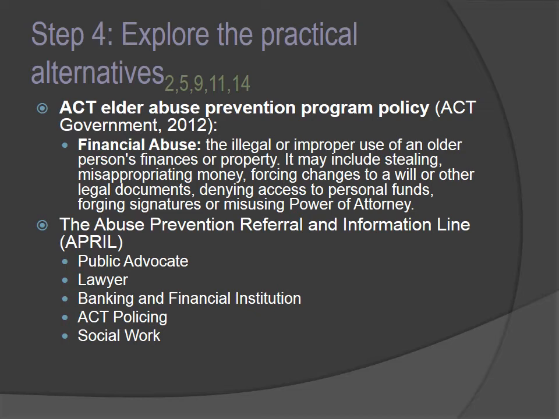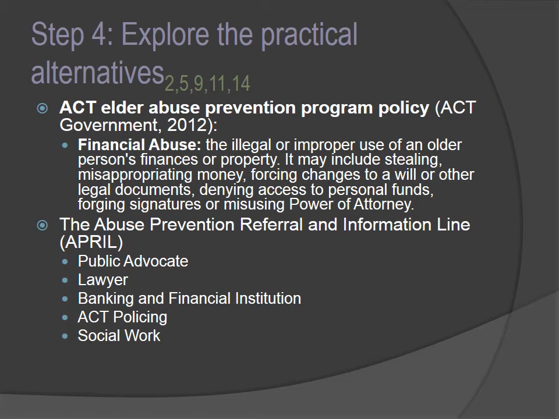Potential referral options. Public Advocate of the ACT. They represent and advocate for persons with impaired decision-making ability in the ACT community who are subject to elder abuse. They accept the role of guardian when appointed by the ACT Civil and Administrative Tribunal. Lawyers can also protect their clients against current and future abuse. Banking and financial institutions.